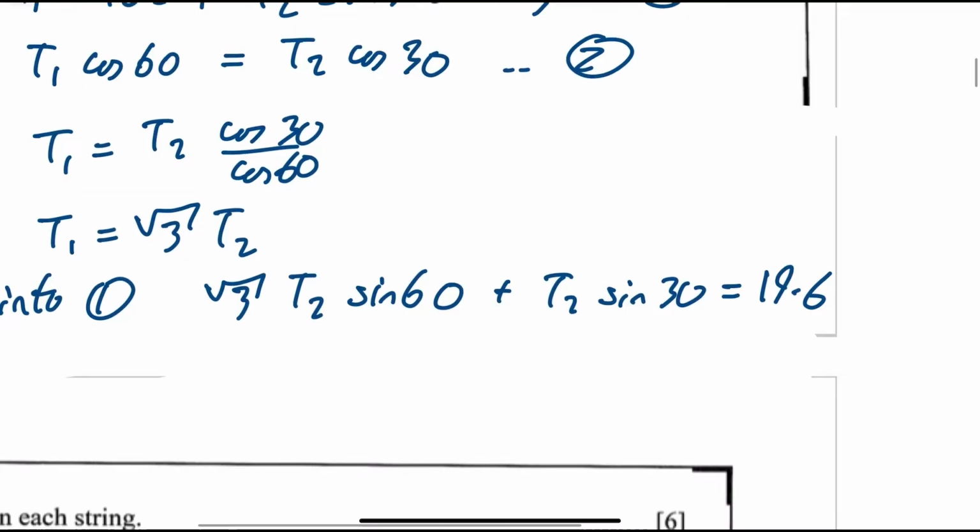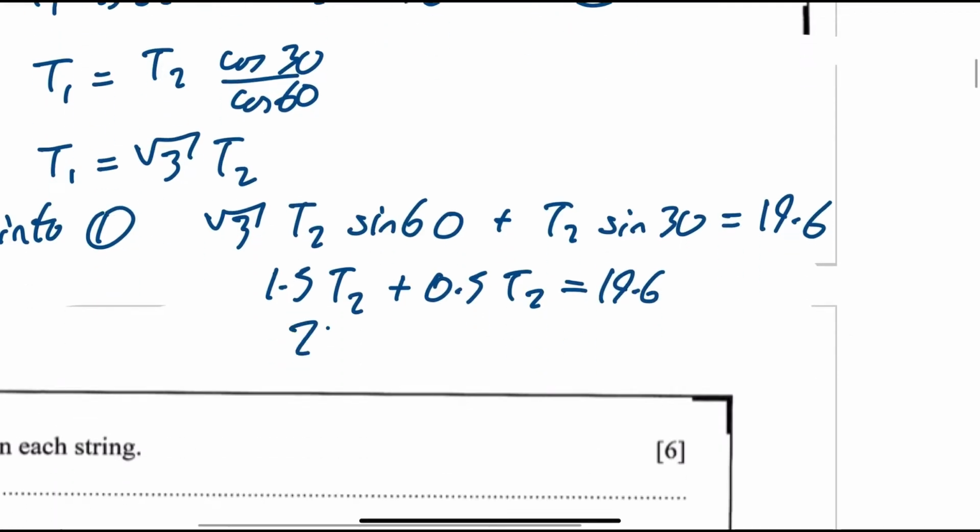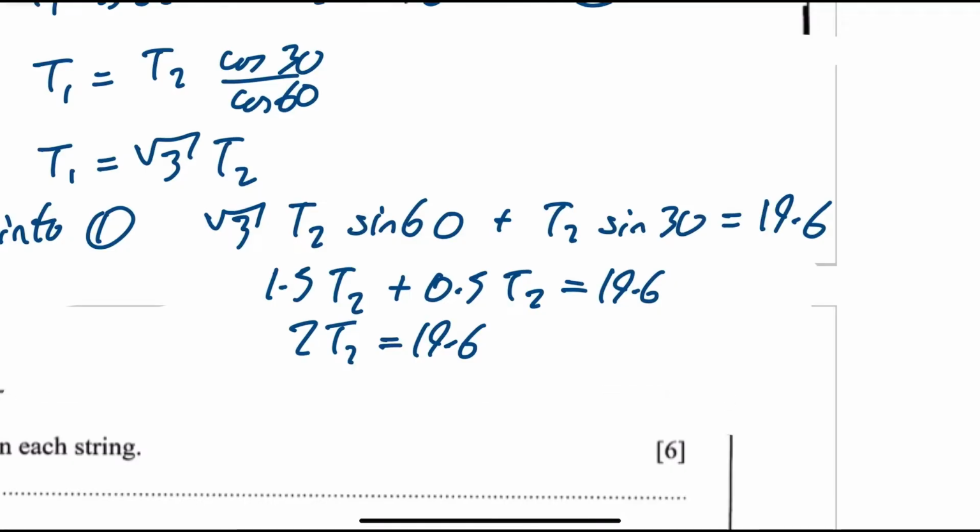If you sort that out, root 3 times sine 60 is going to give you 1.5 T2. Sine 30 is going to give you 0.5 T2, equal to 19.6. So what you get is 2 T2 is equal to 19.6, and then T2 is equal to 19.6 divided by 2, which is 9.8.